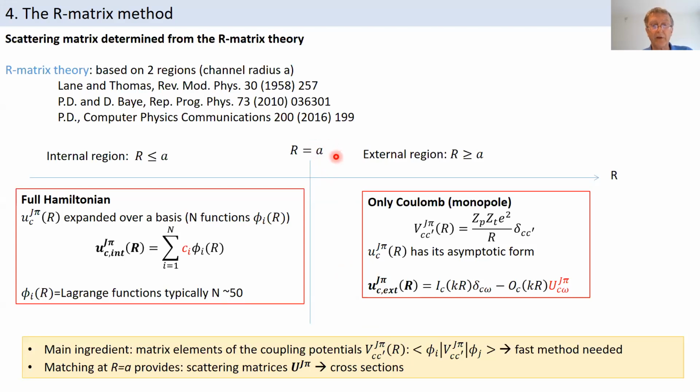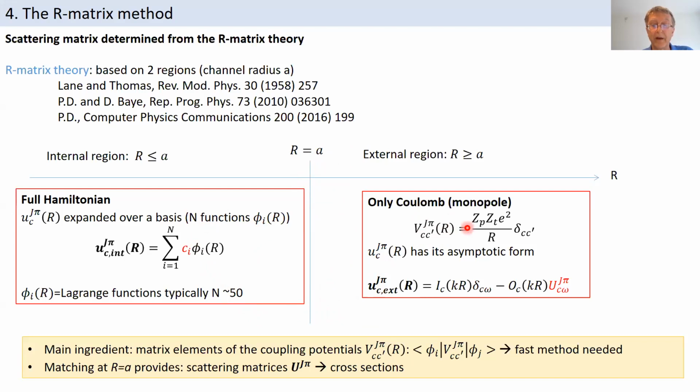And I should say that this channel radius is not a parameter. At the end, the calculation should be stable with modification of this channel radius. And in fact, the optimal choice is a compromise. If it's too small, then you are not in these conditions.